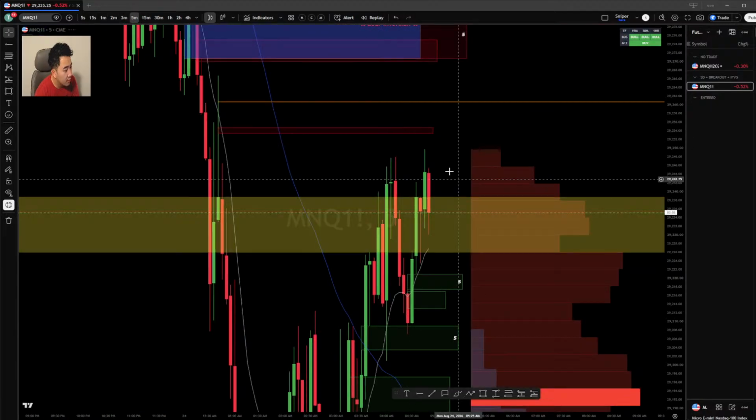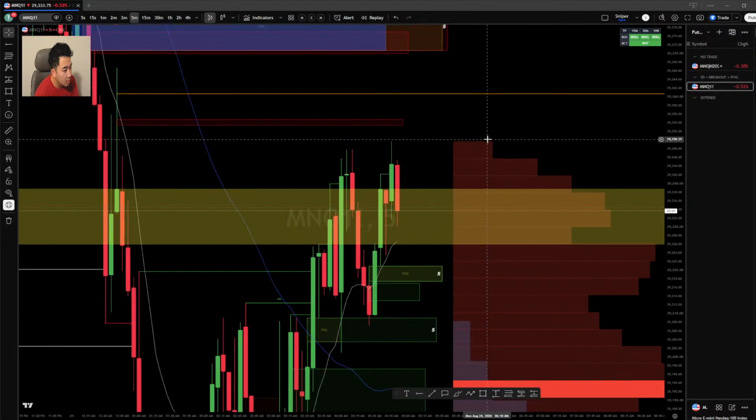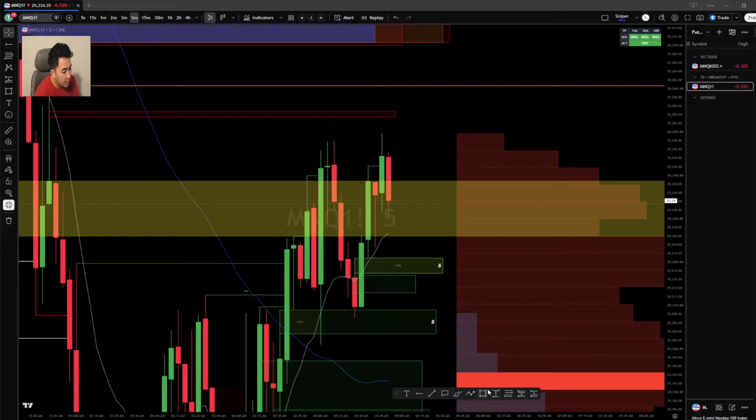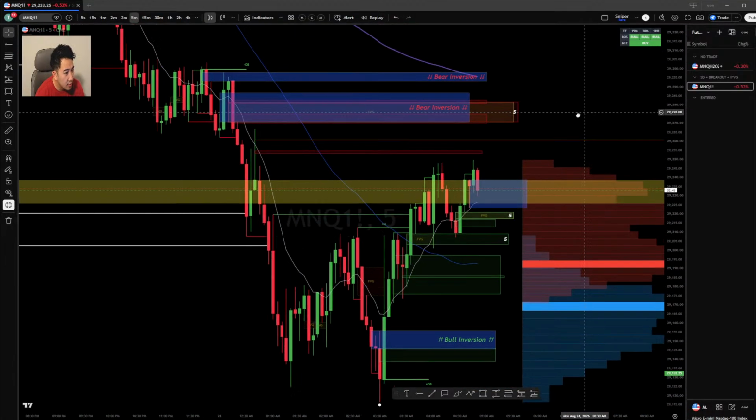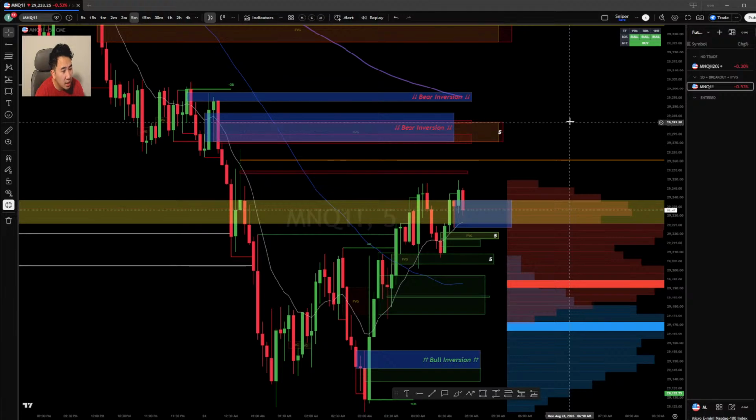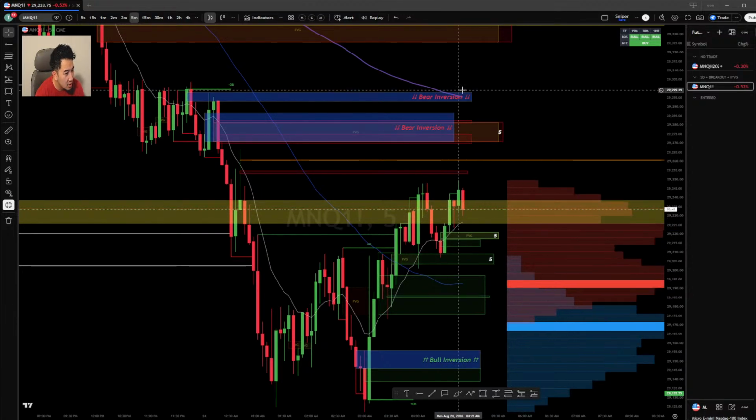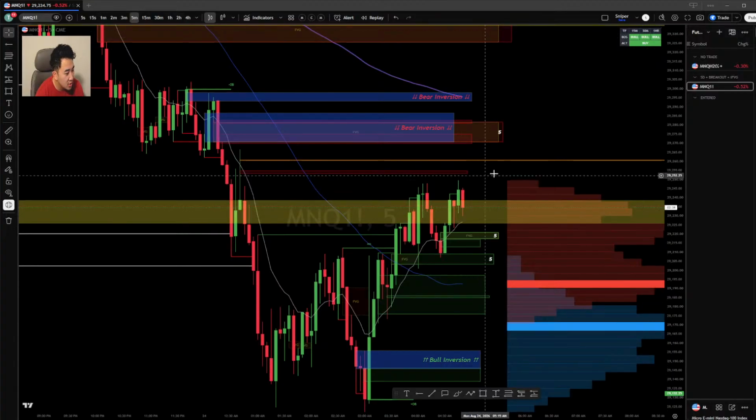So we're on the 5 minute, sitting inside of this supply zone right here. We're not gonna look for any supply demand or breakout trades, just because 15 minute, 30 minute is bullish, 1 hour is bearish.